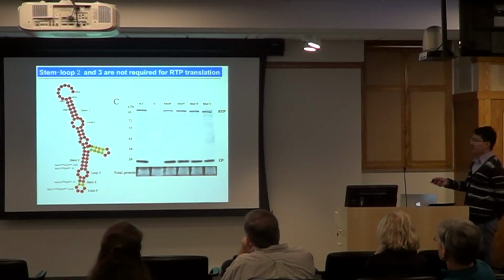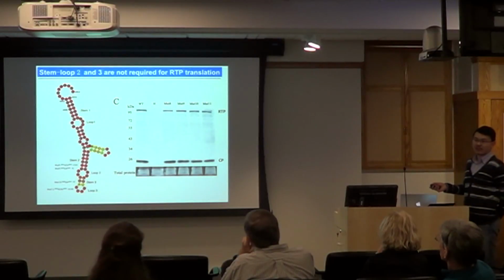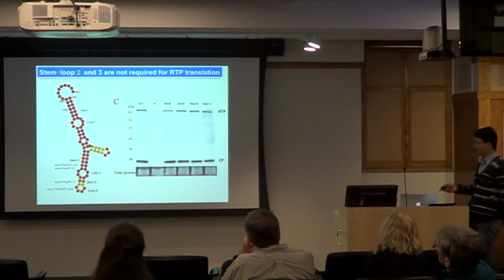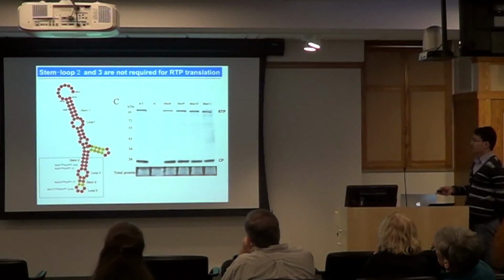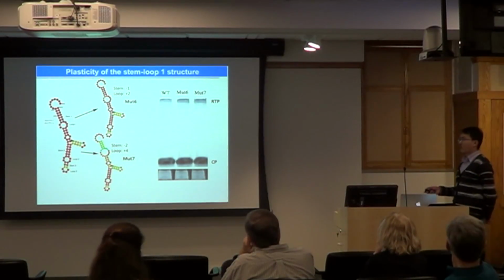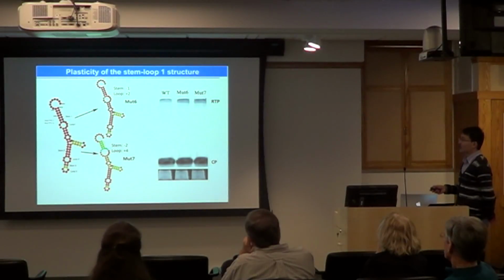We also studied double loop 2 and double loop 3, and we found that there was no effect on RTP translation after disrupting them. Next, we studied the characteristics of double loop 1 required for read-through translation.